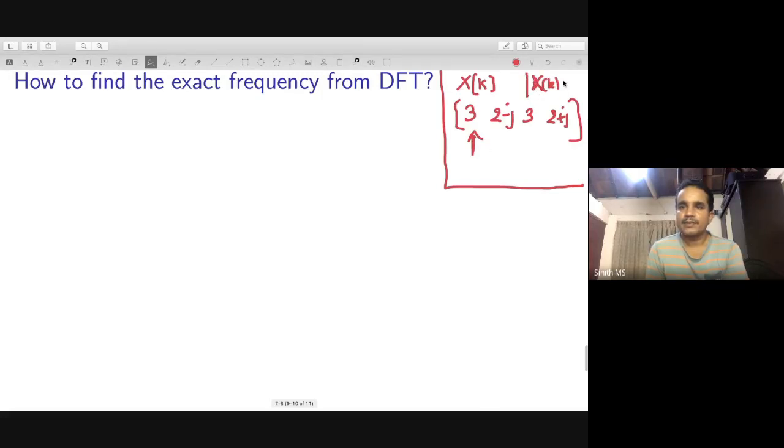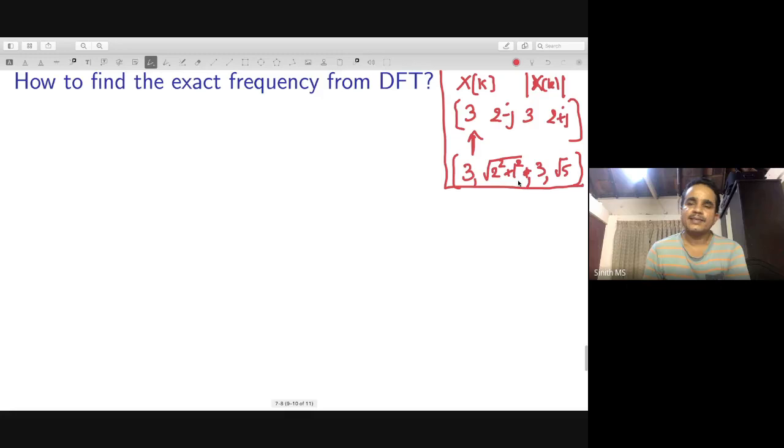How do you find that? Magnitude of 3 is 3. Magnitude of 2 minus j is root of 2 square plus 1 square, which is root 5. Again this is 3, and this is also root 5. So the magnitude is 3, root 5, 3, root 5.